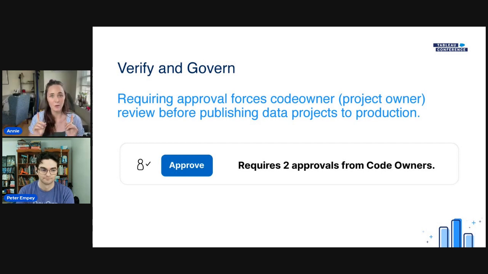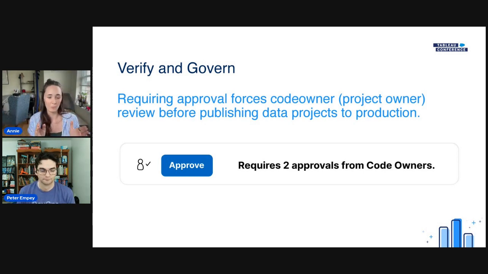And then let's say the VP of sales, VP of marketing, and VP of finance are our official reviewers that need to approve before we can publish it to the go-to-market folder. Once they have hit approve and we've gotten the 3 needed approvals, only then can we publish it to production.